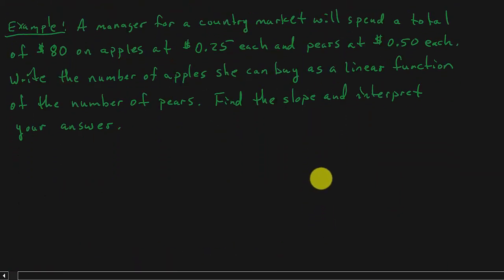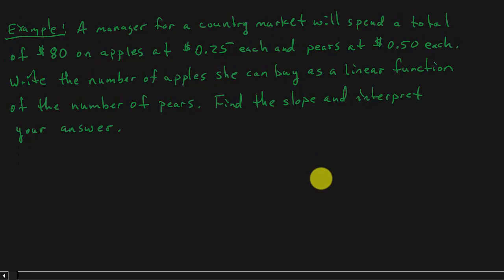All right, last problem right here. All right, so let's take a look at this. So it says a manager for a country market will spend a total of $80 on apples at 25 cents each and pears at 50 cents each.